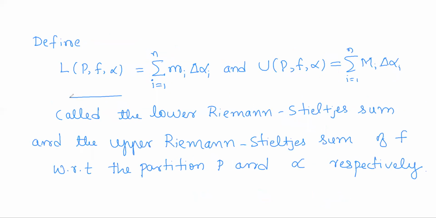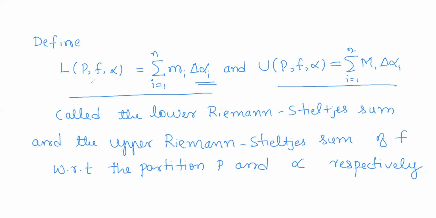Next, we define two new terms. One is L(P, f, alpha) to be the summation of m_i times delta alpha_i, i running from 1 to n, and U(P, f, alpha) to be the summation of M_i times delta alpha_i, i running from 1 to n.